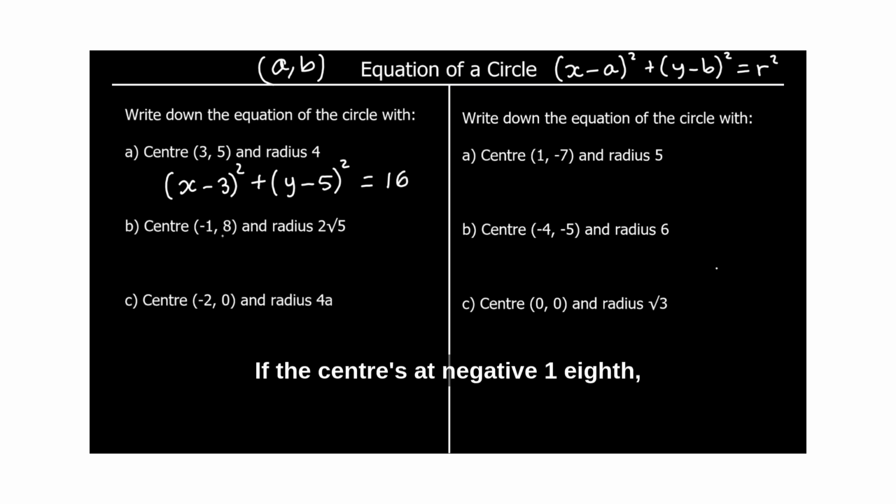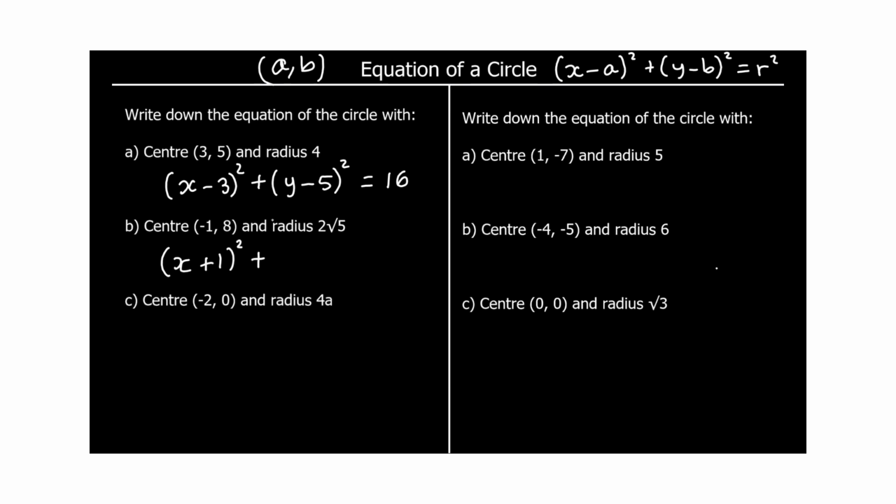If the center's at (−1, 8), the equation is (x − a)², x minus minus 1, so (x + 1)², plus (y − 8)² equals the radius squared. If the radius is 2 root 5, that's the same as square root 20, so square root 20 squared is 20.